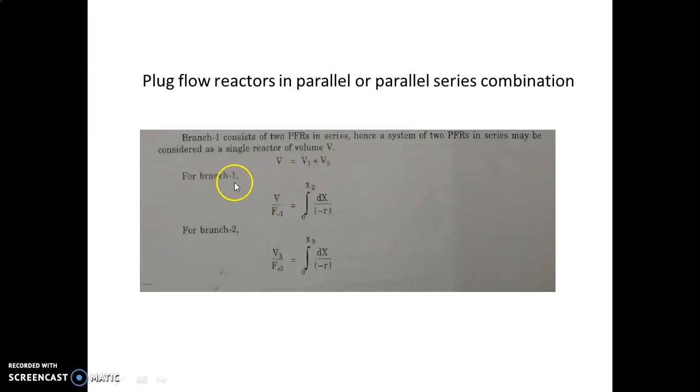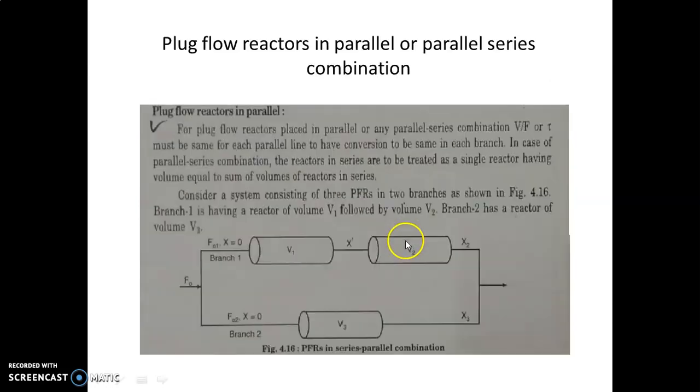For branch number 1, we have the performance equation V upon F01, where V is the total volume of the 2 reactors V1 and V2, and F01 is the molar flow rate for the first branch, equal to the integral from 0 to X2 of dX upon minus r. Here we have considered this conversion across these 2 reactors, and F01 is the initial molar flow rate fed to the first reactor.